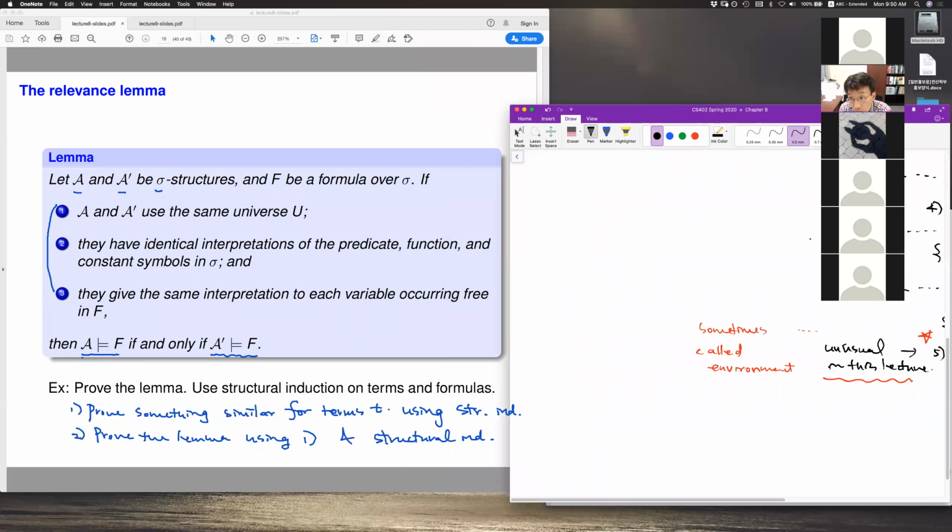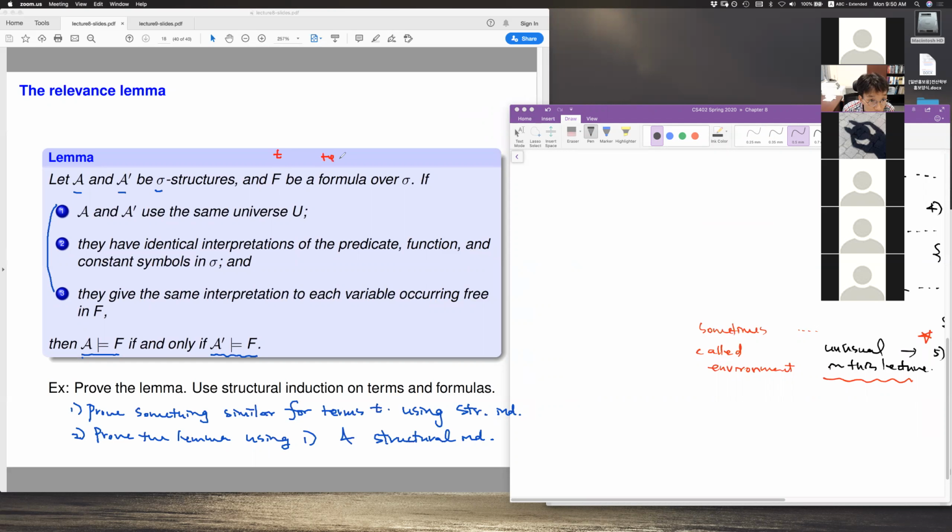I said we're going to first prove something like this for the terms. So we're going to think about a version of the lemma where instead of a formula F, we have a term t.